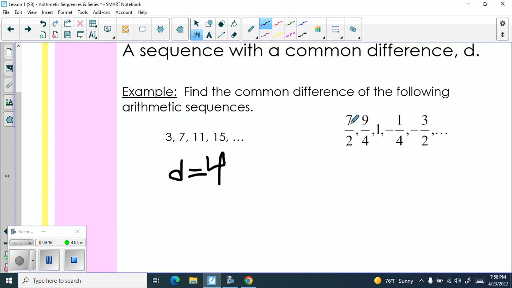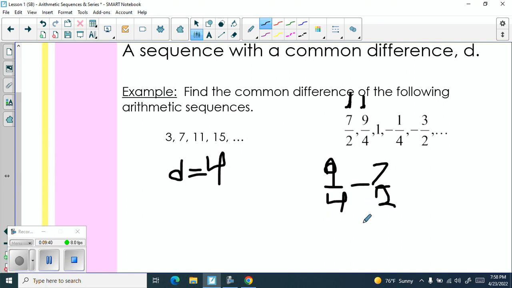All right, for this one, it's a little bit trickier to see because it's with fractions. What you can always do to find your common difference is take a term and the term before it, and subtract the two. So I'm going to take 9/4, and I'm going to subtract 7/2. I want to get a common denominator first.